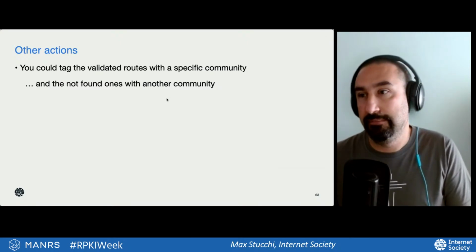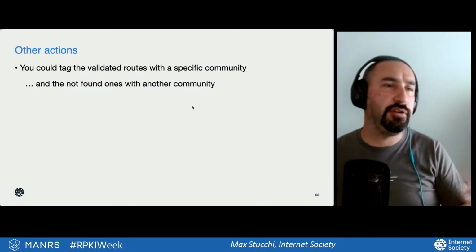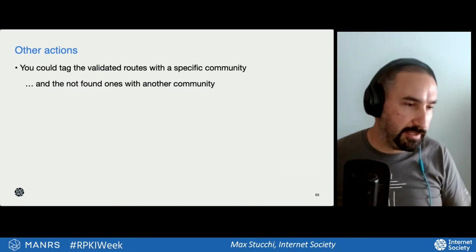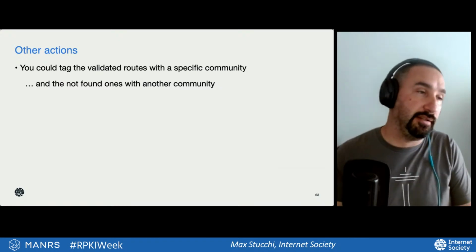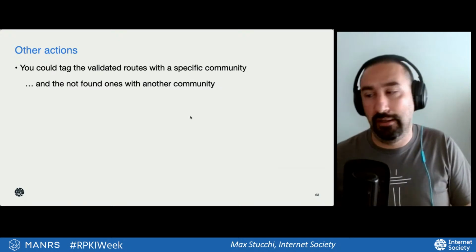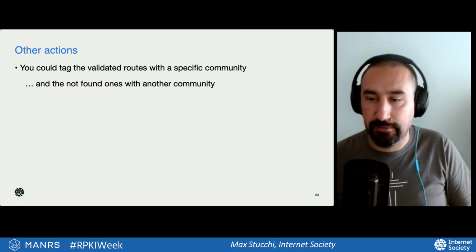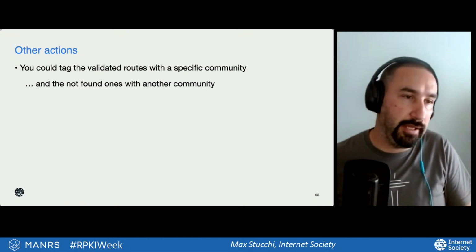You could also have a system to check what you are discarding, so that you make sure you're not discarding invalids that are supposed to be valid, and then you could notify the holders of that address space. Make it so that you get a notification, and then you check if it's a case to create the SLURM entries or not.